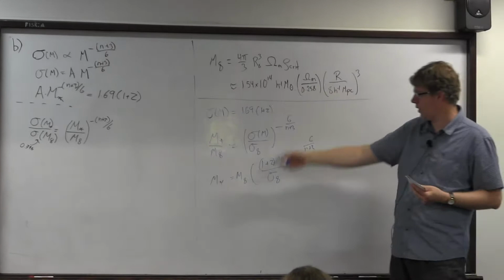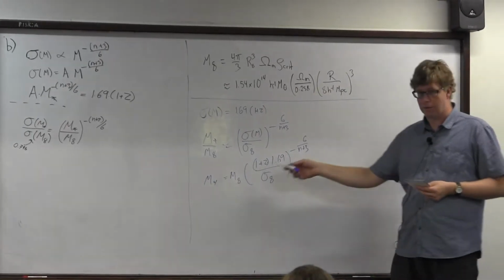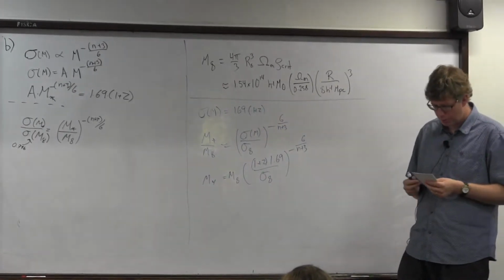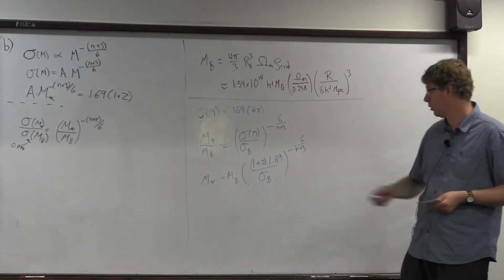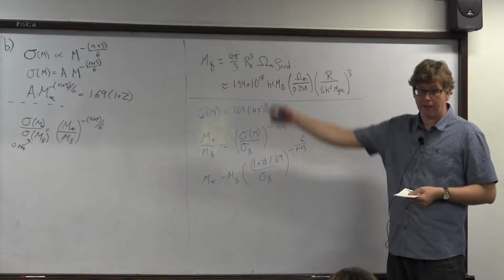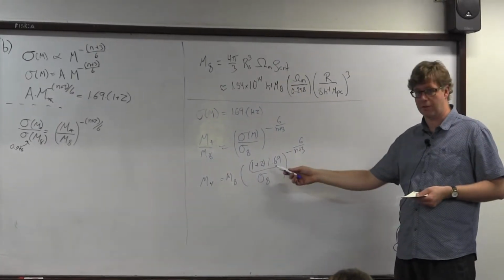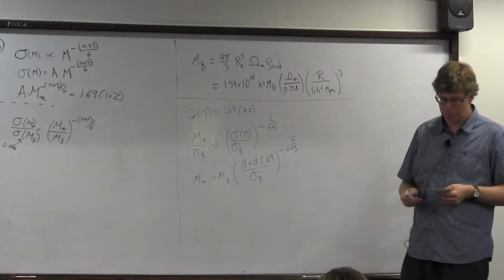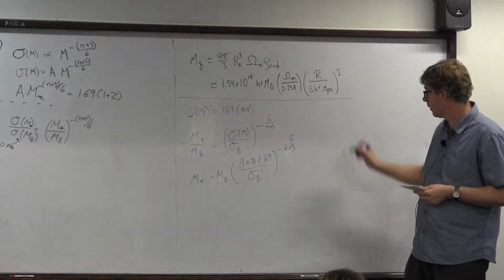So 10 to the 14 for M8. The redshift I asked you about was redshift 0, 3, and 9. You put that in here. Sigma 8 I gave you. So everything here is given. N I gave you is minus 2.35.